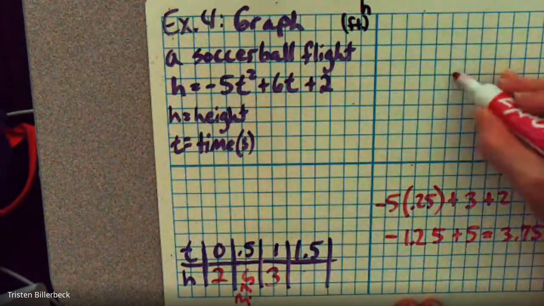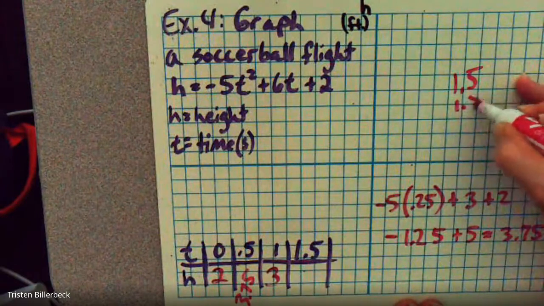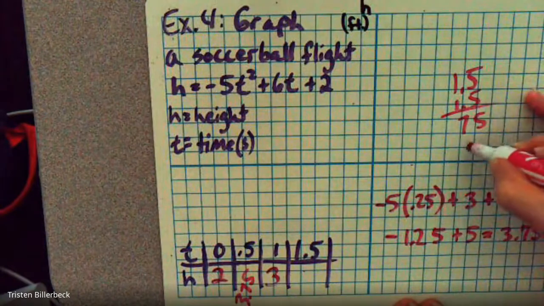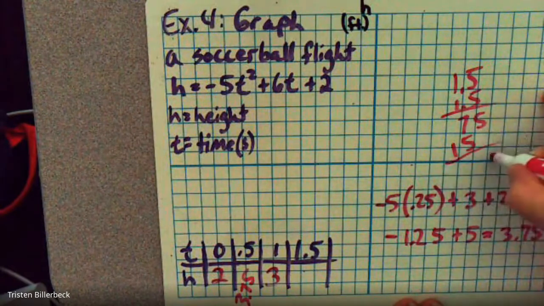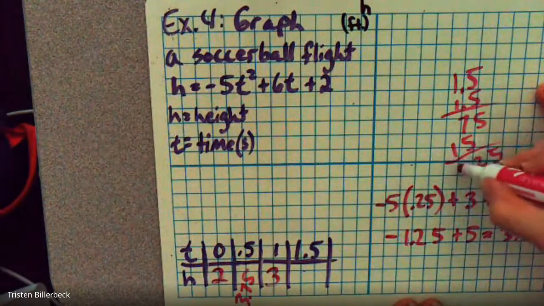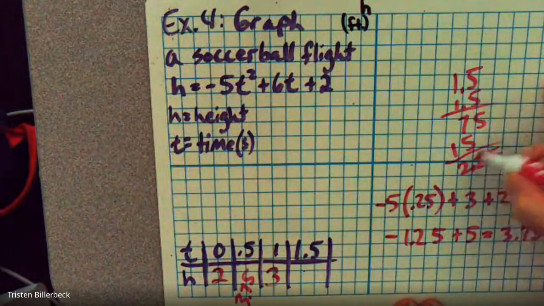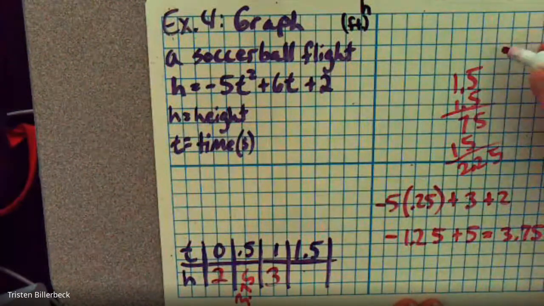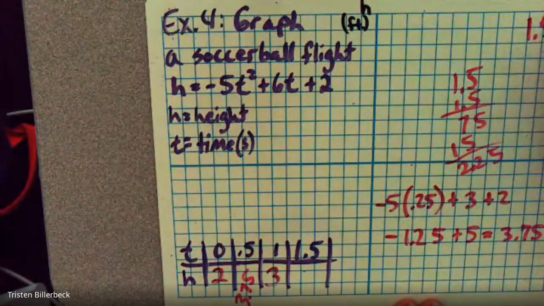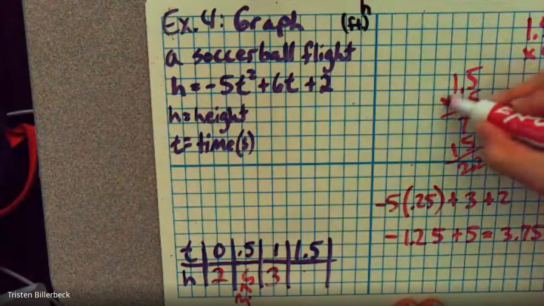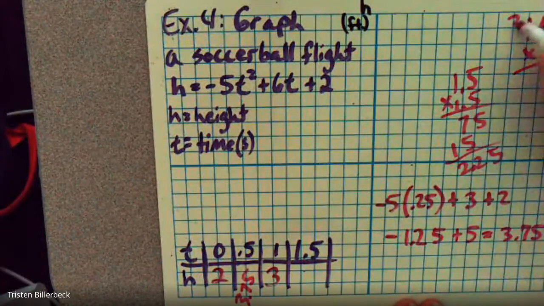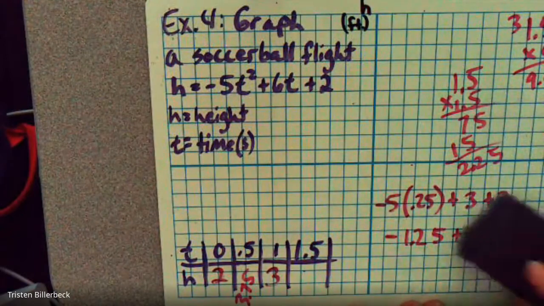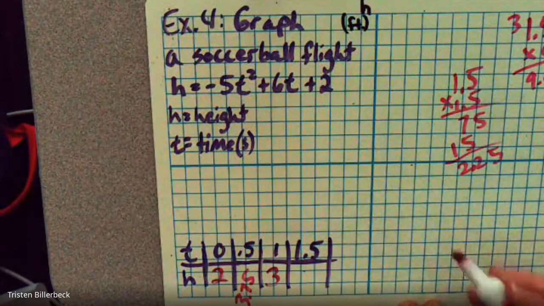So 1.5 squared is 2.25, so we have 225, we move the decimal twice. Okay, then we have 6 times 1.5, so that's just 9. All right, let's look at what we've got here.